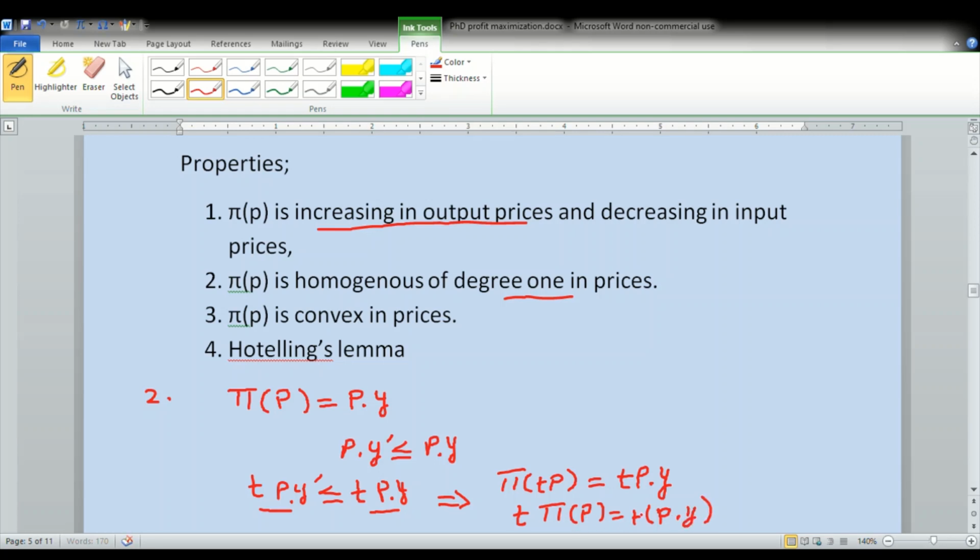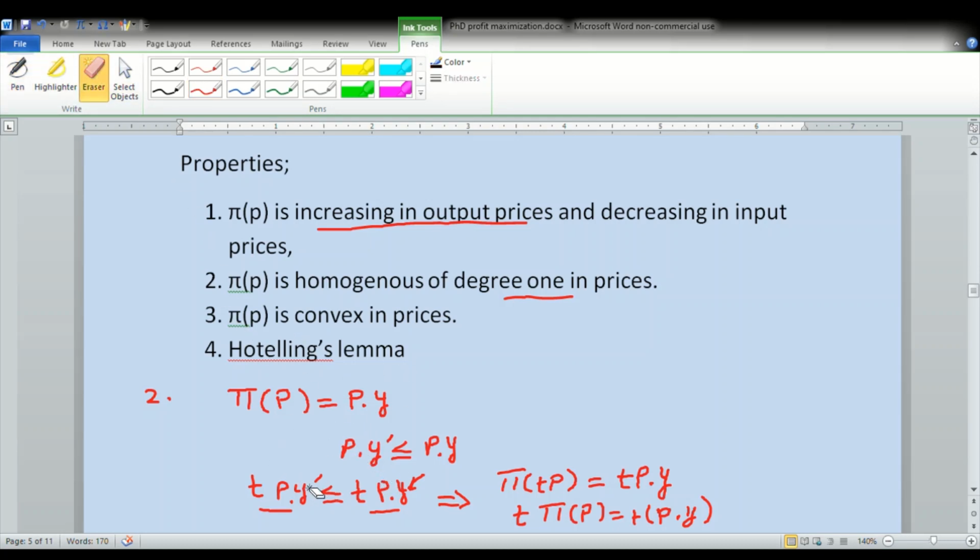So if all the prices increase in the same proportion or decrease in the same proportion, y is still the profit maximizing net put vector because of this condition. So we say that the profit function is homogeneous of degree 1.